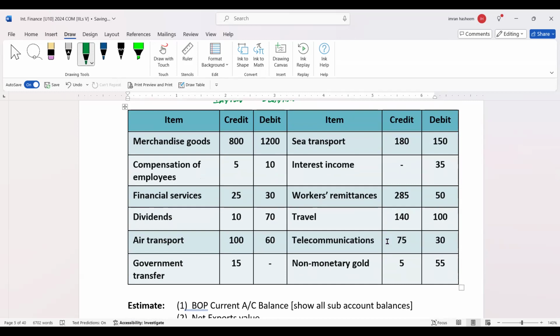In addition to that, is there anything that should come into the trade account, goods account? Yes or no? In addition to merchandise goods, is there anything else that should come to the trade account? Yes, what should it be? What should be there in the trade account in addition to merchandise?